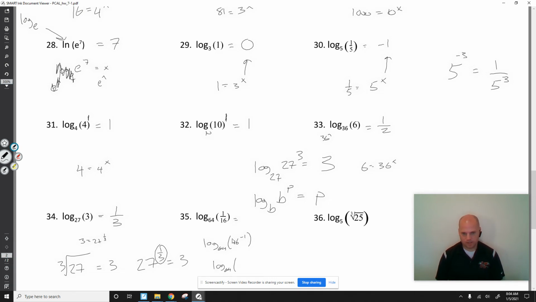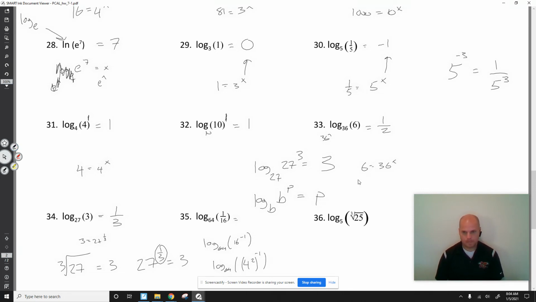16 I can write as 4 squared. So I'm going to write 16 as 4 squared. So 1 over 16, I can write as 16 to the negative first. If I have 16 to the negative first, I can rewrite this as 4 squared to the negative first.